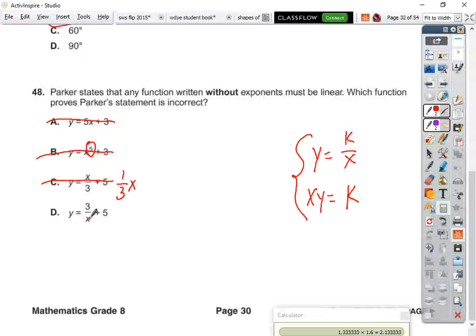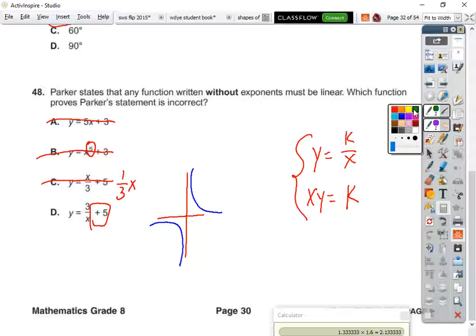Now this one looks just like this, except it's just raised up 5 units on the grid. That's all. Alright, so instead of having an inverse variation that looked like this, it is going to look like this. It's been raised 5 units up.